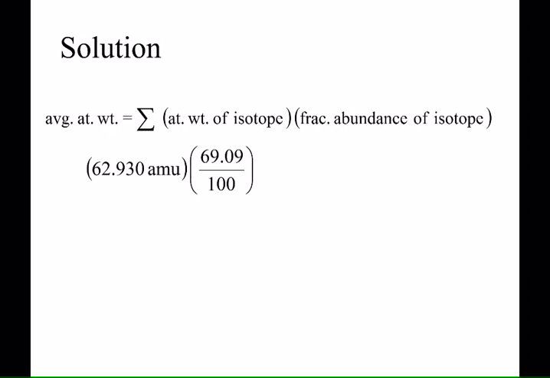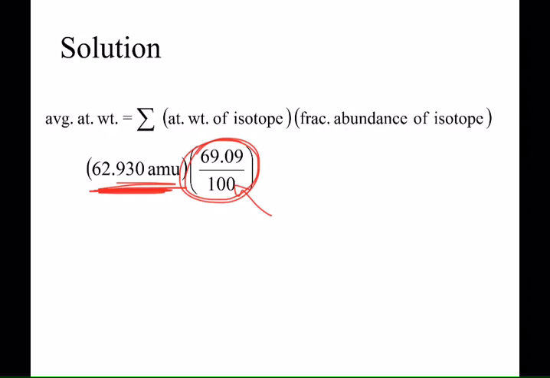So this is for the first isotopic form of copper. This would be our copper 63. We said that it weighs 62.930 AMUs, and its percent abundance was 69.09. So its fractional abundance is 69.09 divided by 100, right?